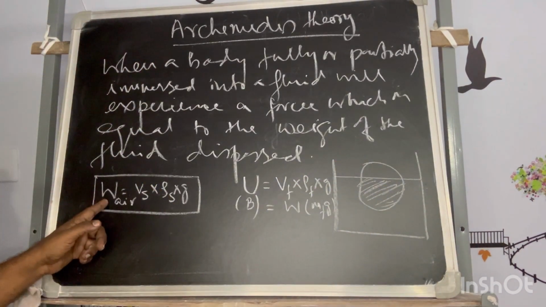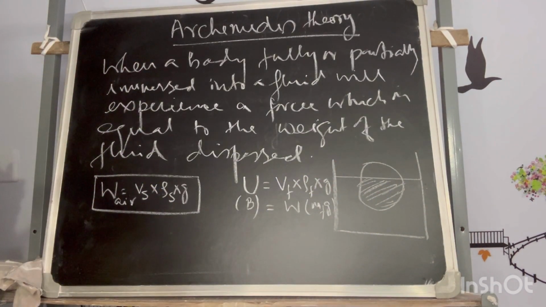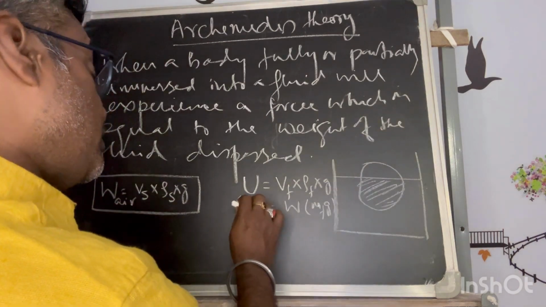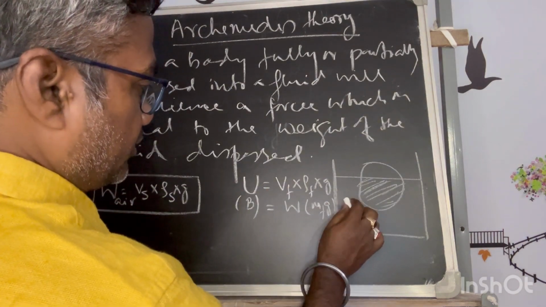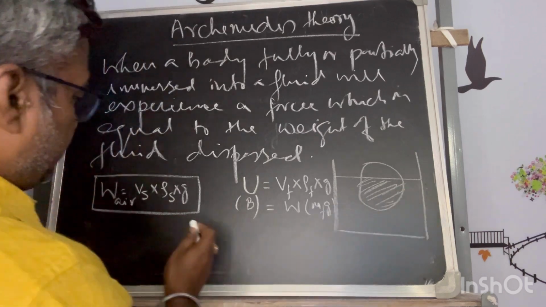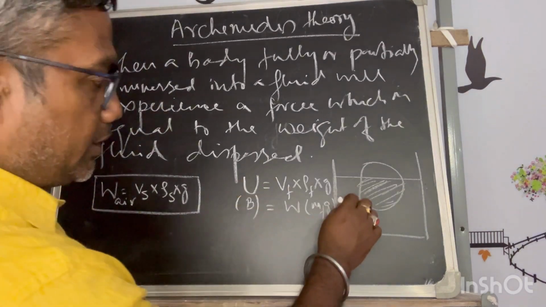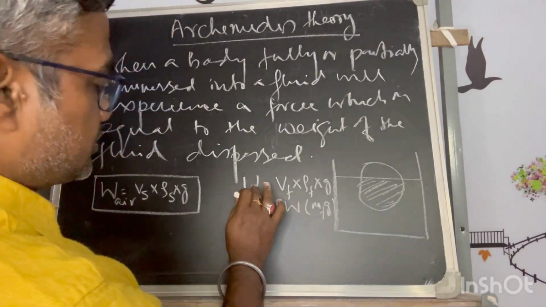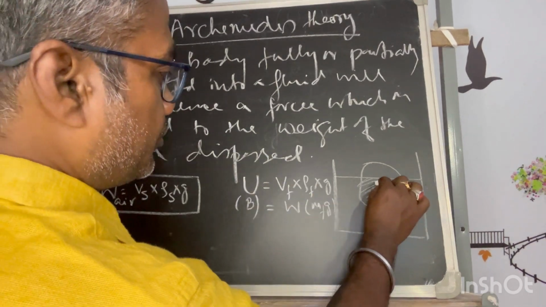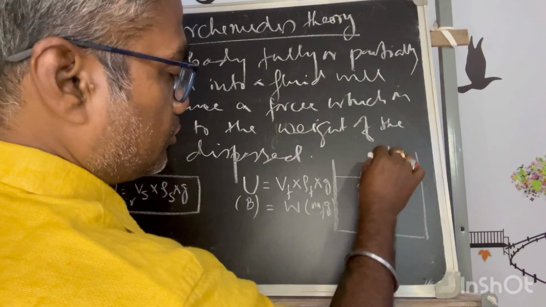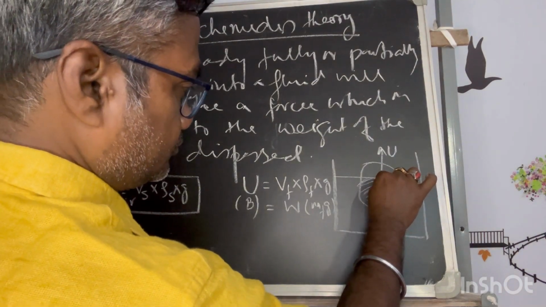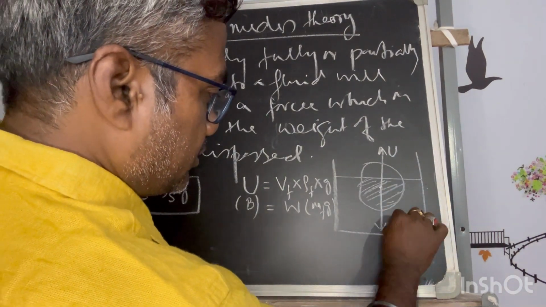When it is dipped inside a fluid, you will experience the density of the fluid. If it is much more than air, it will experience an additional force acting upward on this body, the upthrust or buoyancy, and the weight will act downward.